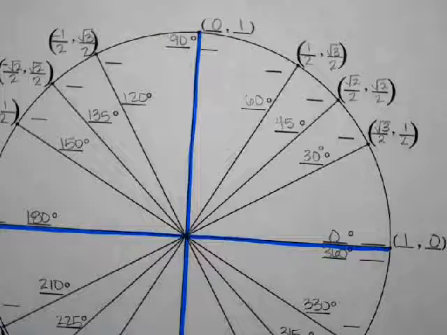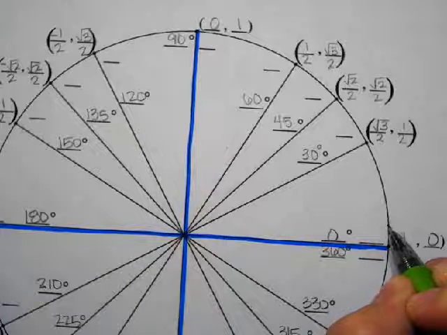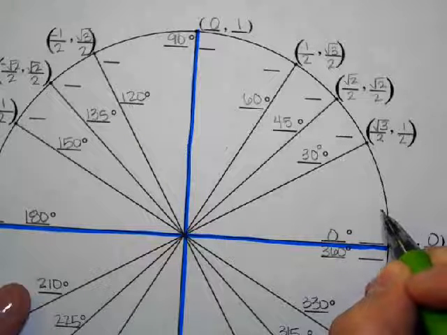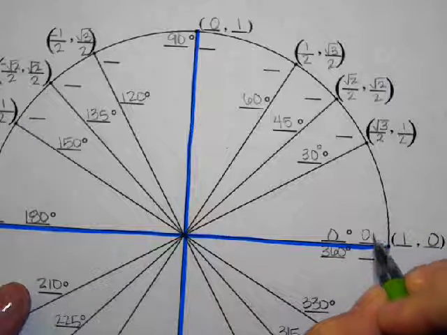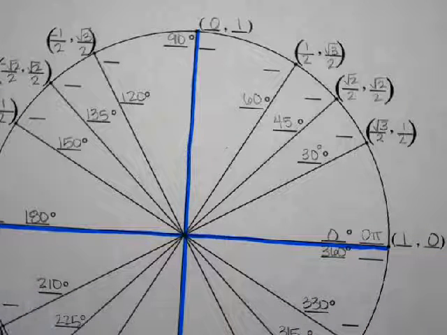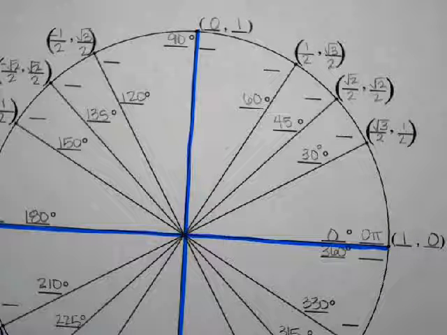We've got 0 pi. I'm just doing regular pencil now. You can do it in marker, that's fine. I'm writing all my numbers in pencil because I think they're easier to write in pencil than in pen. So I'm drawing my lines in marker, but I'm still writing in pencil.